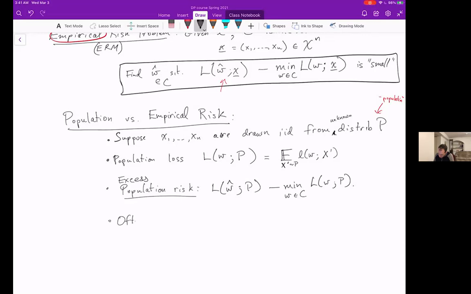So often we can bound this population risk.